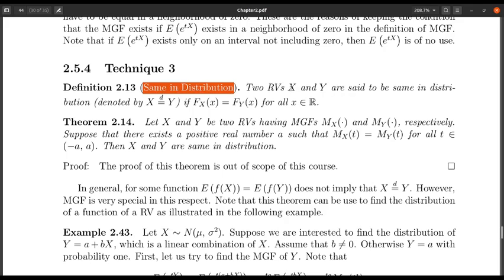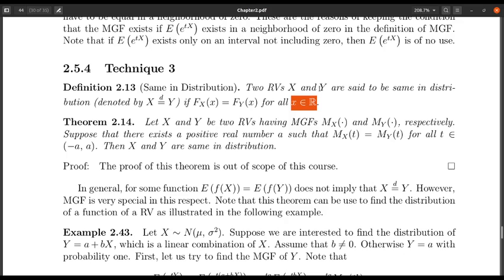Two random variables X and Y are said to be same in distribution if the distribution function of X and the distribution function of Y, that is, the cumulative distribution functions, are the same for all x belonging to R. This condition is important: for all x belonging to R. So if the distribution functions of two random variables are the same throughout R, then these two random variables are said to be same in distribution.